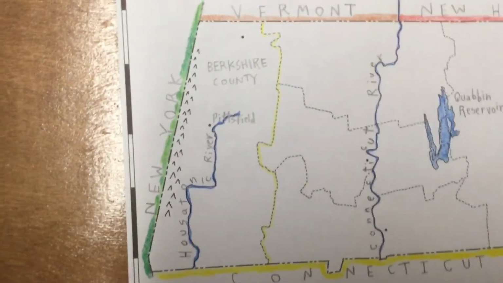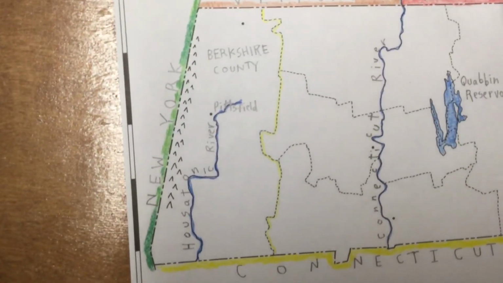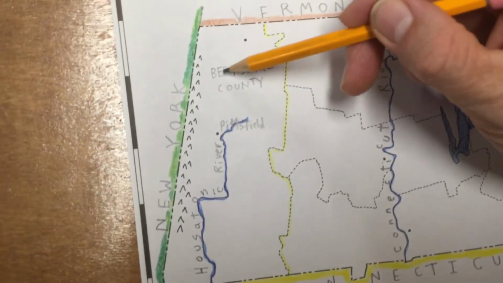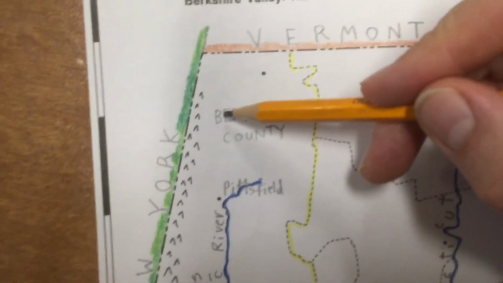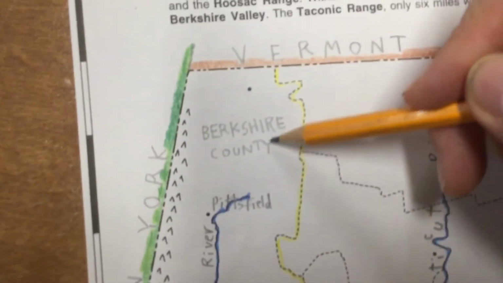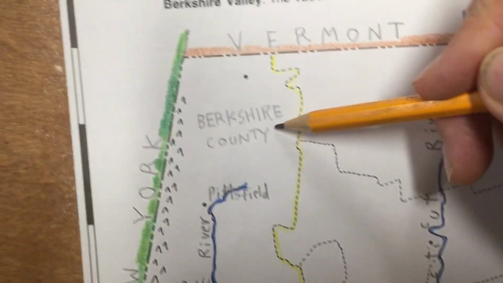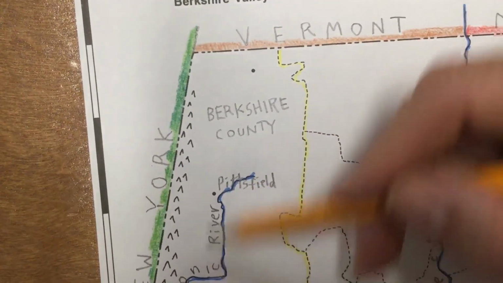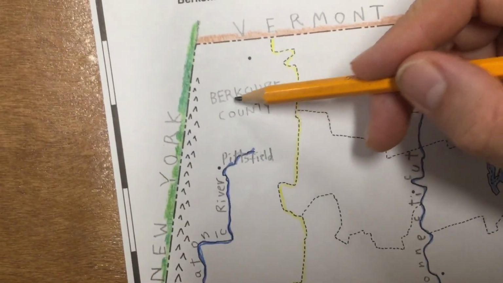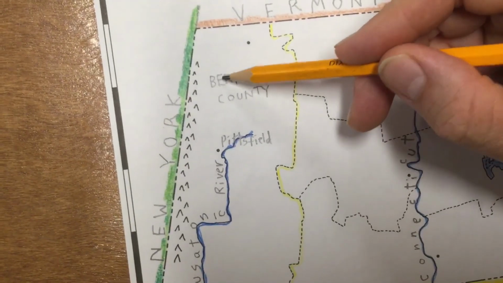And we'll talk more about it when we do all the counties, but this is Berkshire County. And you can see I labeled it right about there, kind of near the top of the county, because we don't want to get in the way of the river, and it'll fit nicely right about there.